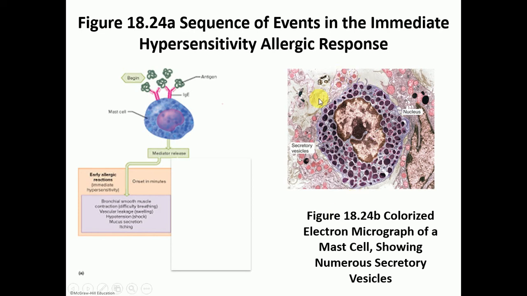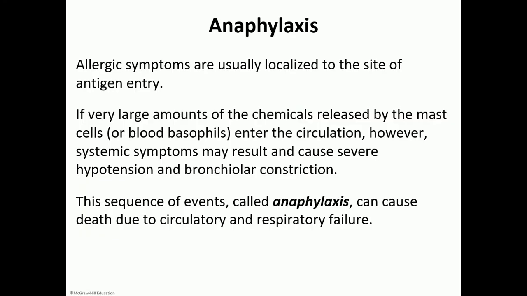You can see here, this is a mast cell, and you can see how rich it is in secretory vesicles, having massive amounts of histamine. Anaphylaxis is a severe symptom of allergies, where massive amounts of mast cells release lots of histamine. When that histamine enters the circulation, it will lead to systemic vasodilation and bronchial constriction.